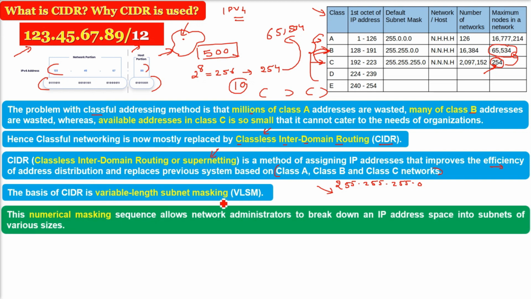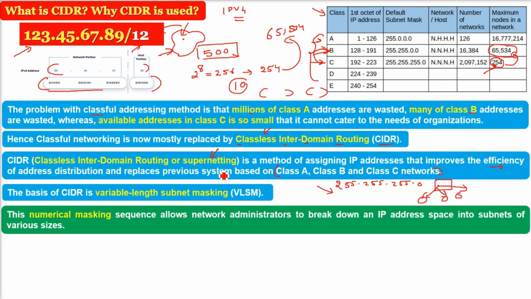This is numerical masking, which is actually a kind of subnet masking. This sequence allows the network administrators to break down an IP address space into subnets of different sizes according to their organization's requirements.